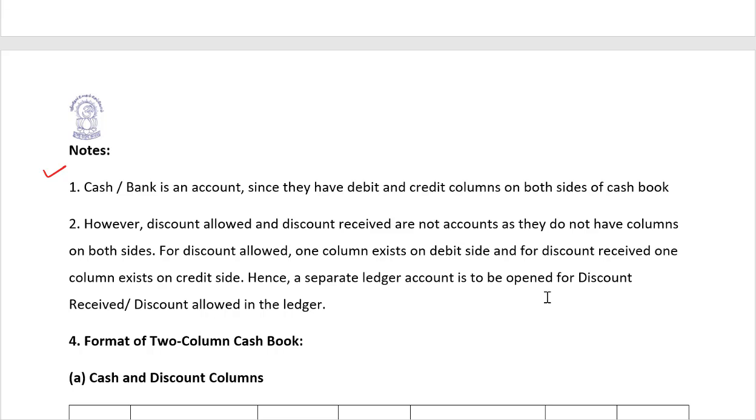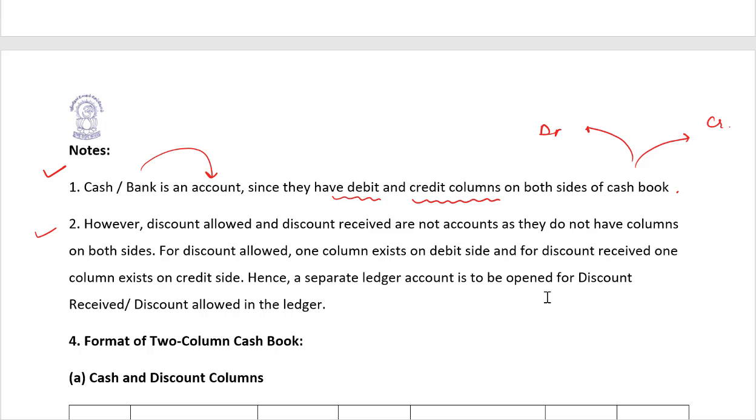So, cash and bank is an account since they have debit as well as credit columns on both the sides of cash book. Debit side, left hand side, right hand side, credit side. However, discount allowed and discount received are not accounts as they do not have columns on both the sides.